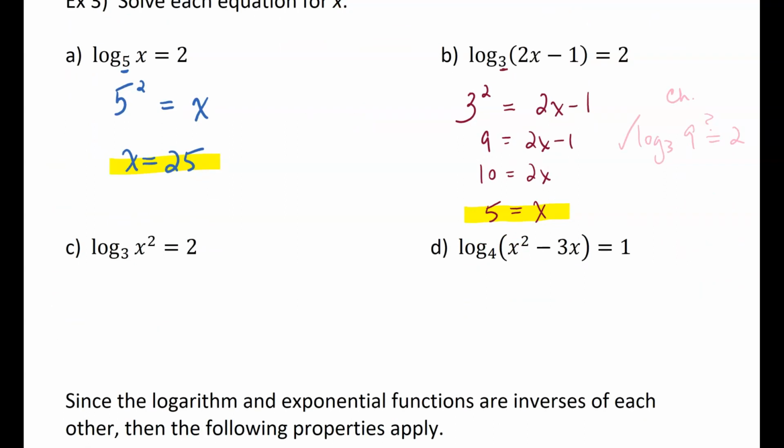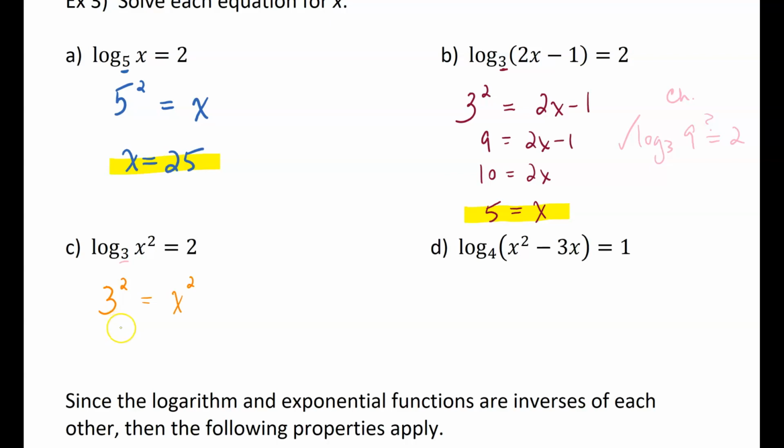So our next one, log base 3 of x squared is equal to 2. Again, I need to solve for that x, so I'm going to get it out of there by putting it into exponential form. So the base of my log is 3, so I have 3 raised to the second power, because that's what the log is equal to, equals x squared, which is my argument.